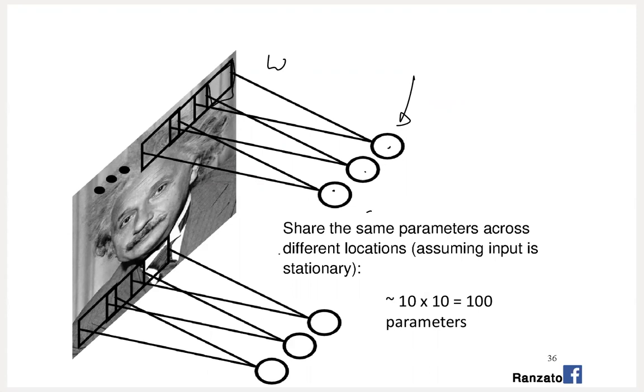This operation is basically just doing correlation. You can think of correlation and convolution as essentially the same thing nowadays. If you're not a signal processing person, especially a machine learning person, you essentially think of convolution as the same as correlation.